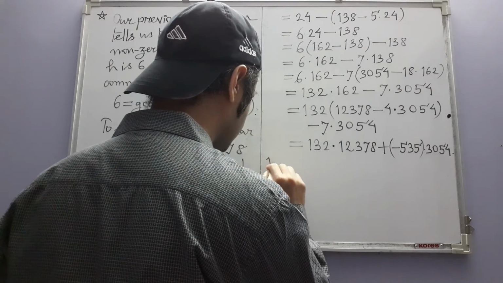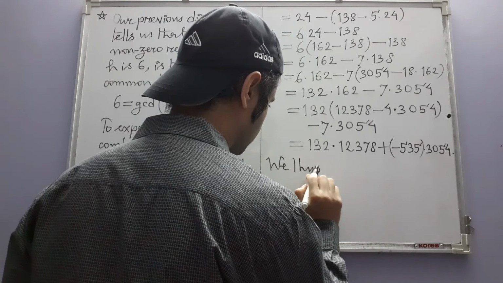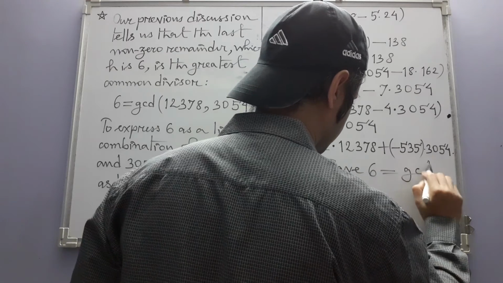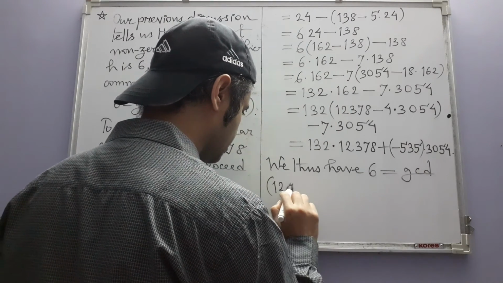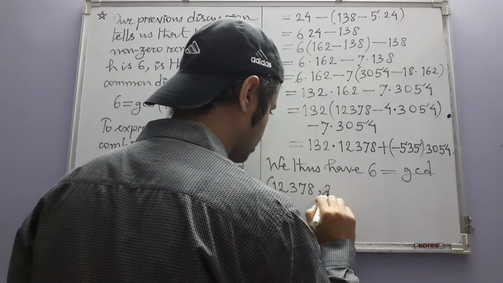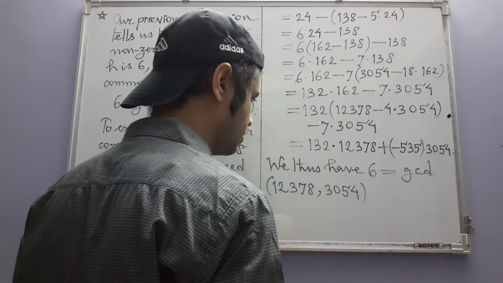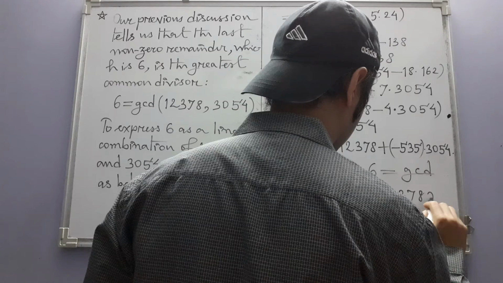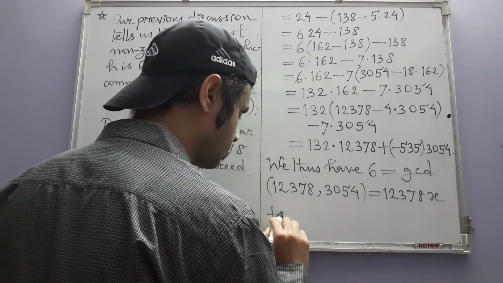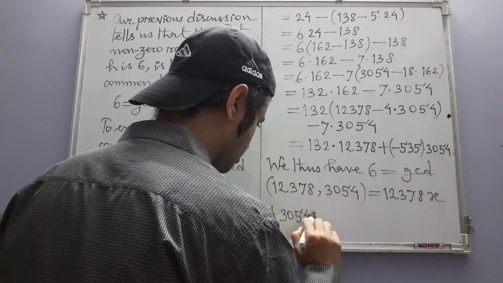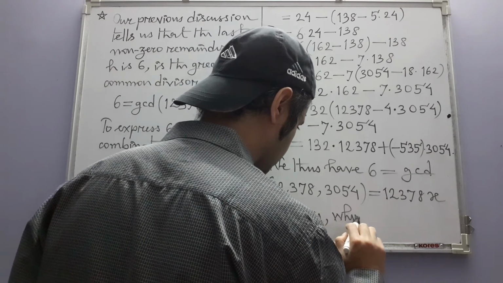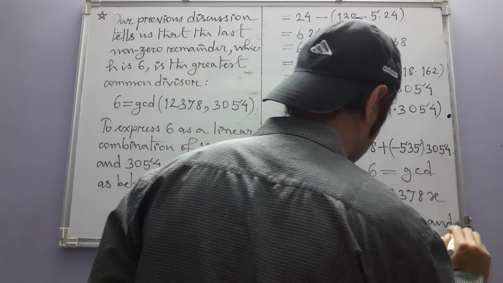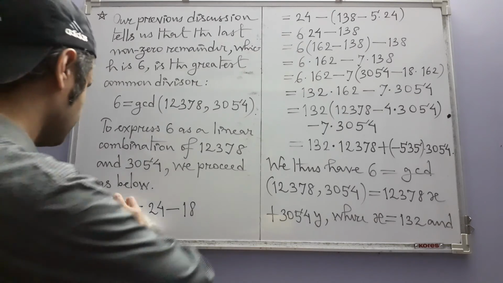We thus have GCD of 12,378 and 3054, that is equal to x times 12,378 plus y times 3054, where x is 132 and y is minus 535.